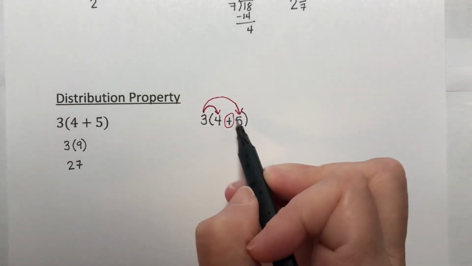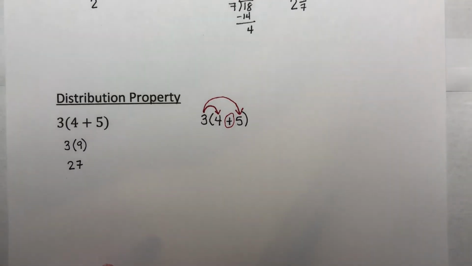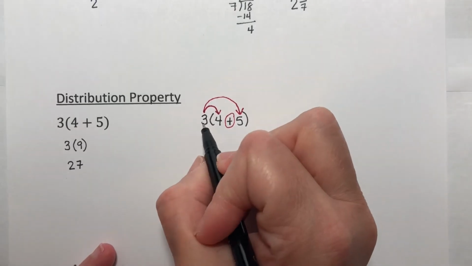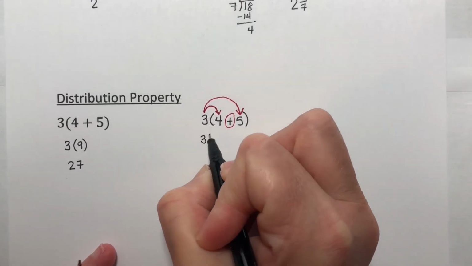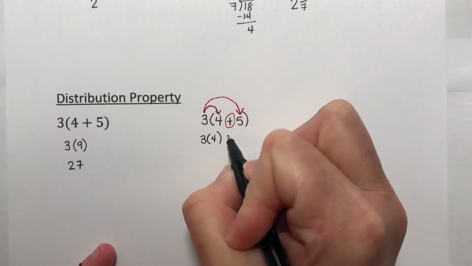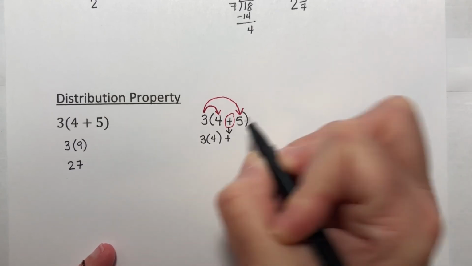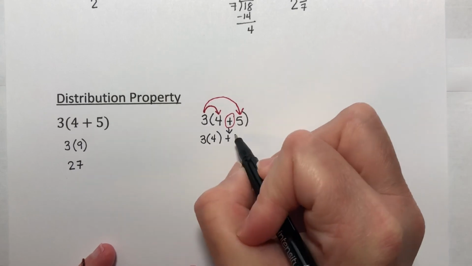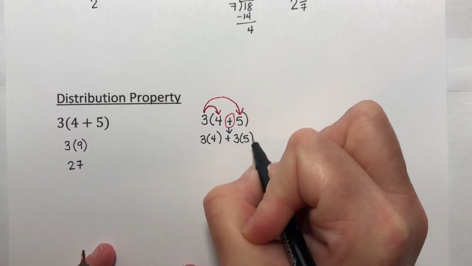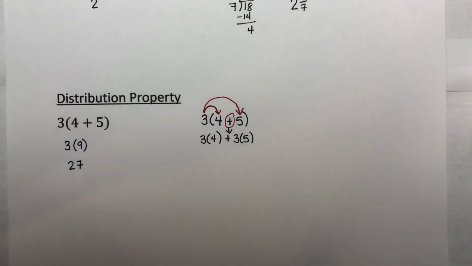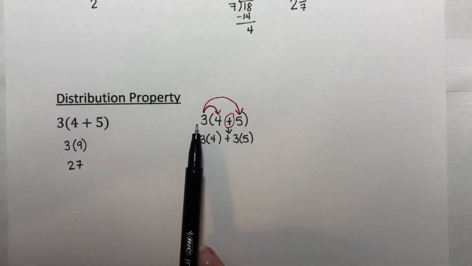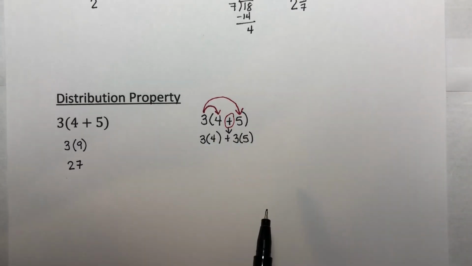It kind of makes a little rainbow shape. This is the same thing as 3 times 4 plus, this sign comes down here, 3 times 5. So I've distributed, in the English language sense, I've taken this 3 and given it out to each of these two numbers to multiply with.